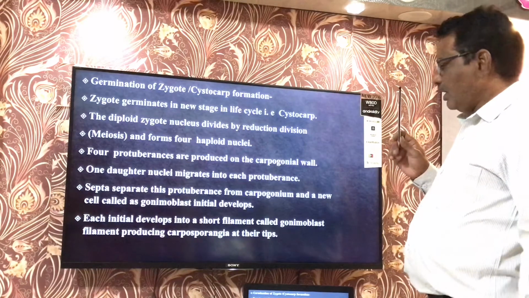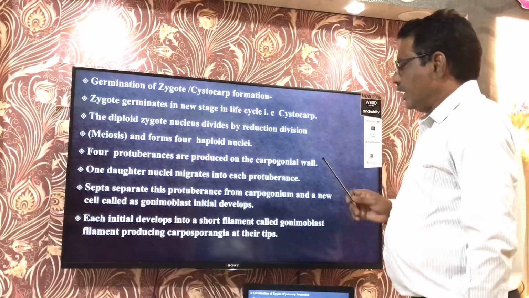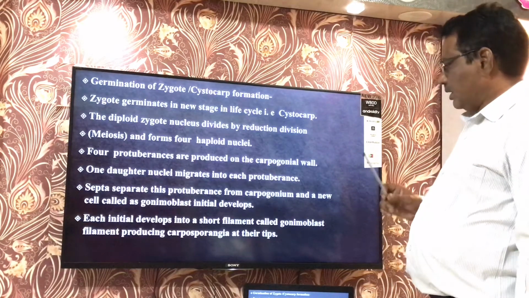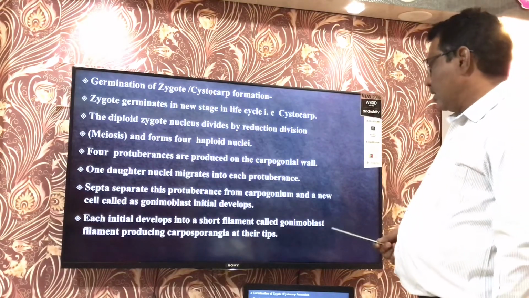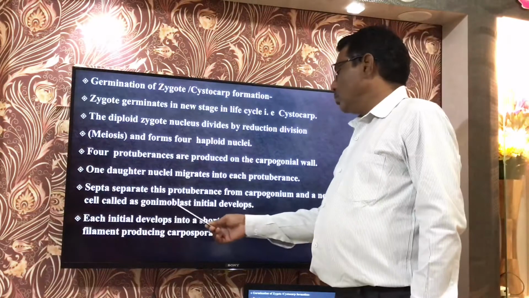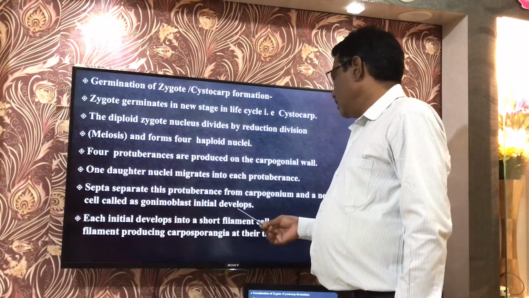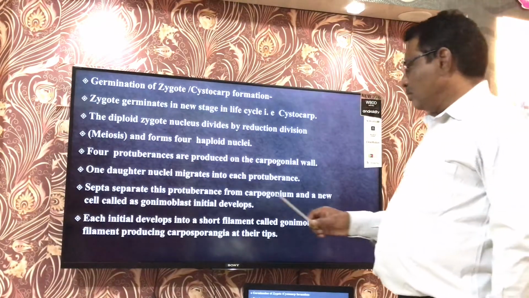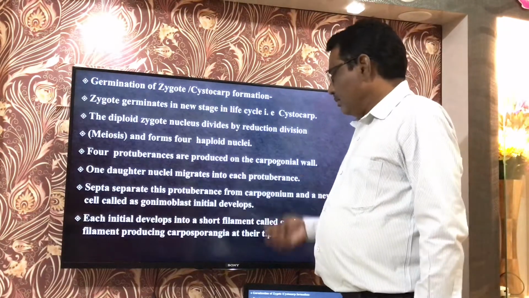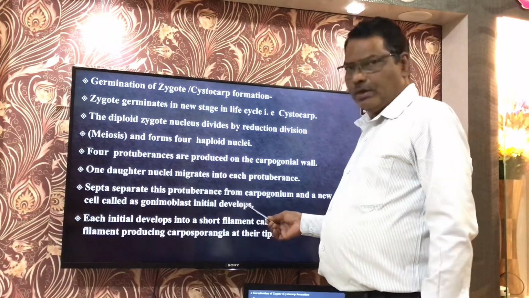Such a single celled structure developed on the wall of the carpogonium is called a gonimoblast initial or gonimoblast initial cell. Now these gonimoblast initials develop, and they are 4 in number.